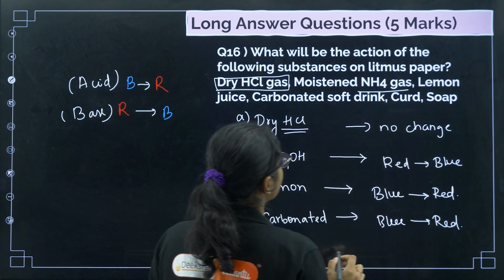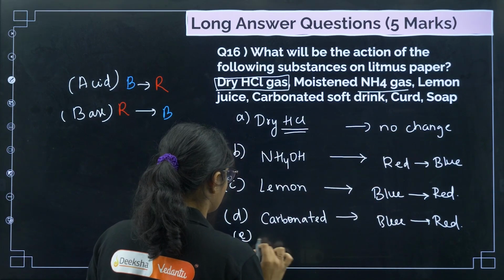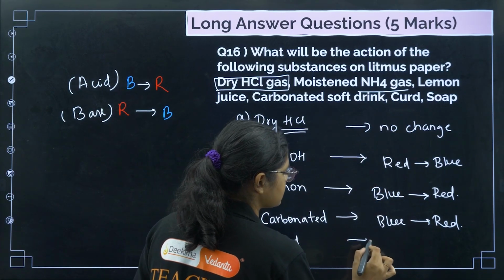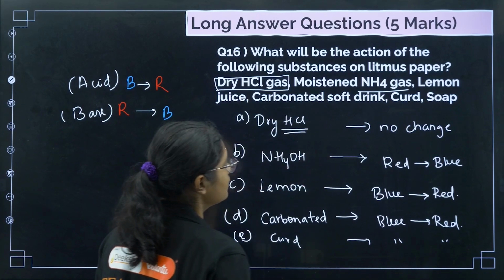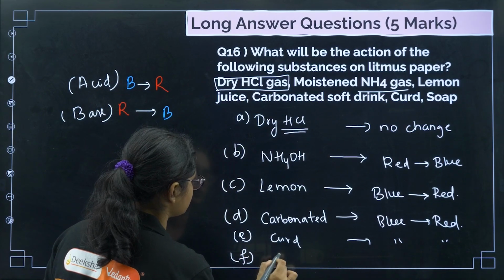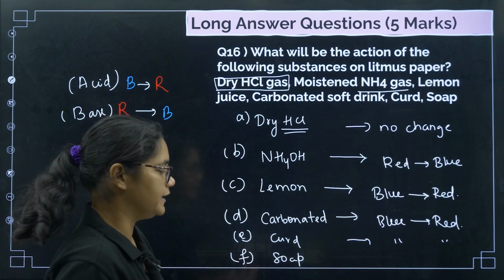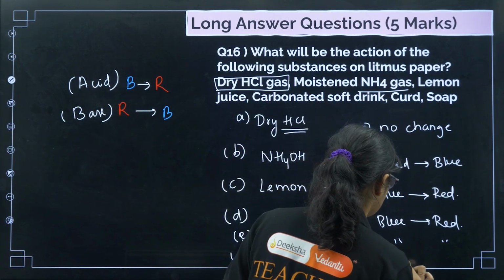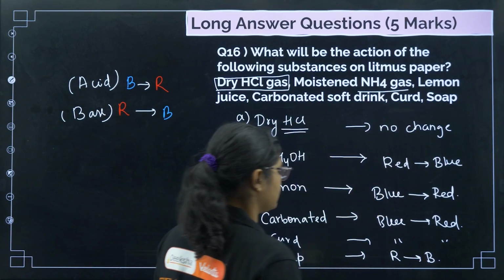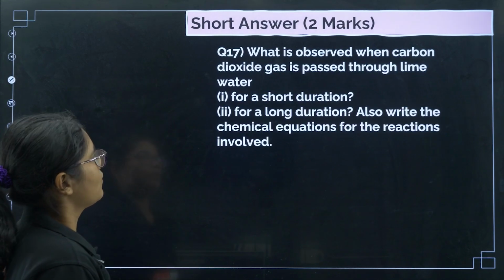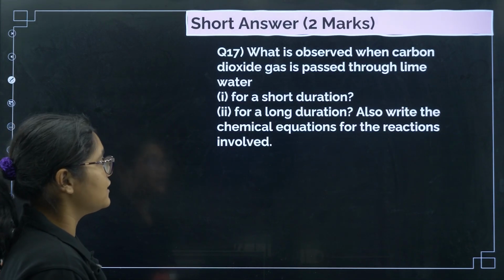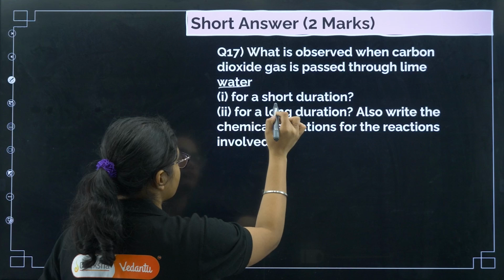Okay, next we have curd. Curd also contains lactic acid, that is also an acid, so it will convert blue to red. Now if you consider soap, soap is having basic alkali nature. Alkali nature means it will convert red to blue. Clear?